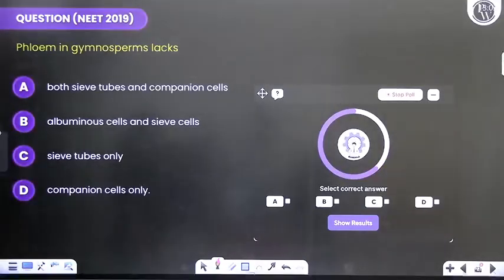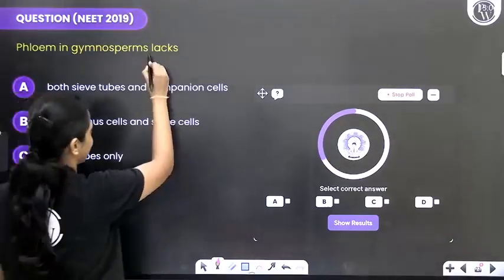Phloem in gymnosperms lacks what? Both sieve tubes and companion cells, albuminous cells and sieve cells, sieve tubes only, companion cells only. Lacks means it doesn't have.